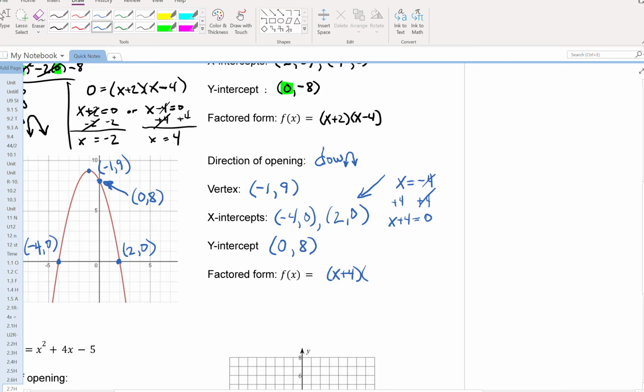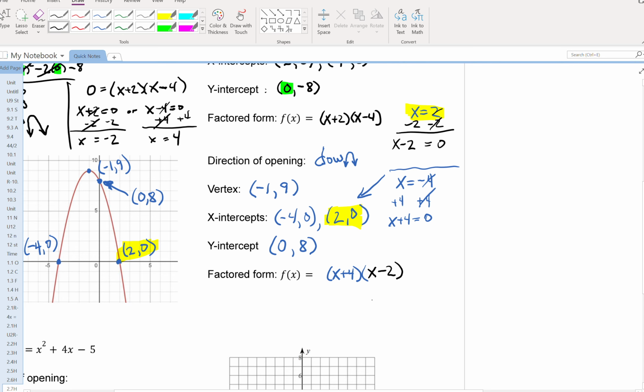And the other is x equals 2. x equals 2, that's the other x-intercept. So we're using those. And if x equals 2, if I subtract 2 and I subtract 2, that just cancels on the right, leaving 0. And what I've got on the left is x minus 2. So my other factor is x minus 2.